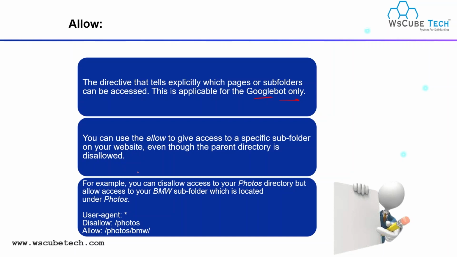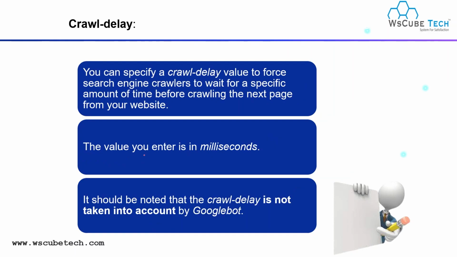For example, you can disallow access to your photos directory but allow access to your BMW subfolder, which is located under photos. This is just an example. Here you can see that the user agent asterisk means all crawlers, you can disallow this particular photos subfolder, and you can allow one particular photo with the help of the allow keyword.